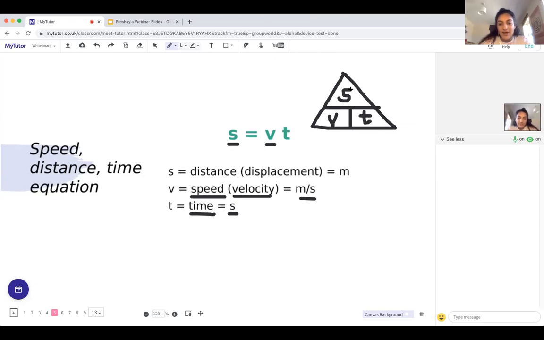Okay, so we're going to have S, V, and T, which makes sense because V times T is S. So it's really all about getting used to this S, meaning distance or displacement, instead of speed, because speed is now V. Okay, so SVT or S equals VT, however you want to learn it, the triangle or the letter equations as well.